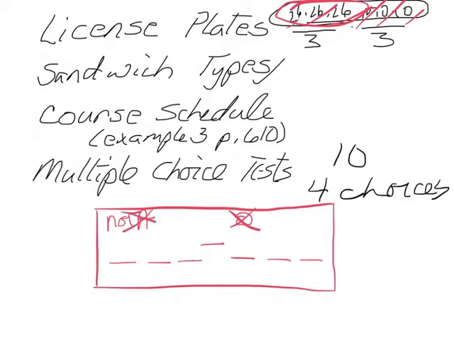Now, how would that change how many license plates I could make? Maybe their state vehicles use A's and zeros or something like that. Well, in this case, there would only be 25 choices for the first letter, then 26 for the next 2 letters. There'd be 9 choices for the first number and then 10 choices for the next number.